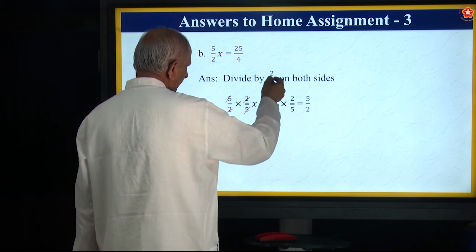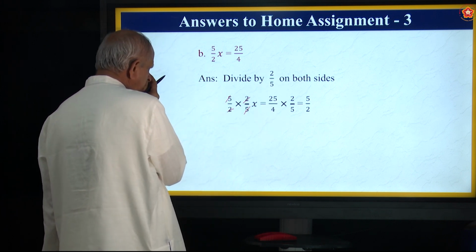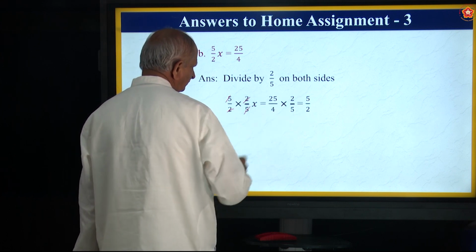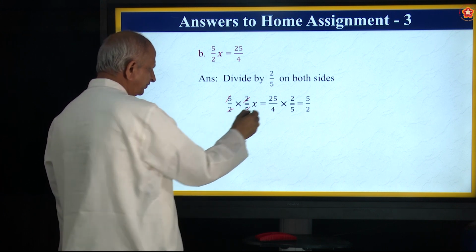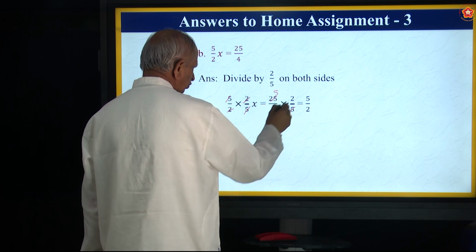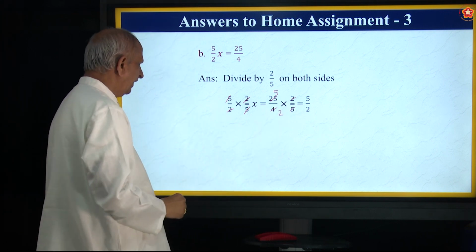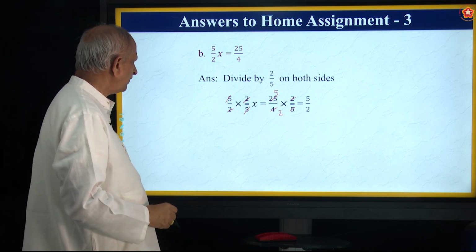When you divide by 5 by 2, it becomes 2 by 5 multiplied, so 5 fives are 25, 2 twos are 4. So you get x is equal to 5 by 2.